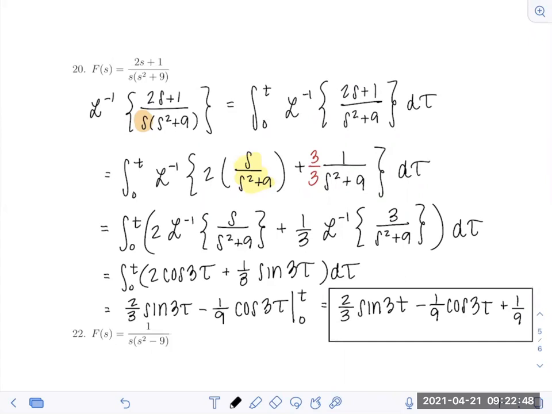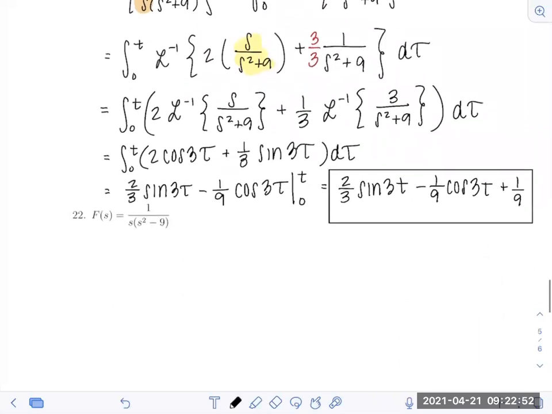Last but not least, we have problem 22. So let's take a look at that one. As always, we're using this theorem to simplify that extra factor of s so as to subvert having to do partial fraction decomposition. So our goal is to compute the inverse transform of this given function. I'm going to drop the s on the denominator and insert my integral.